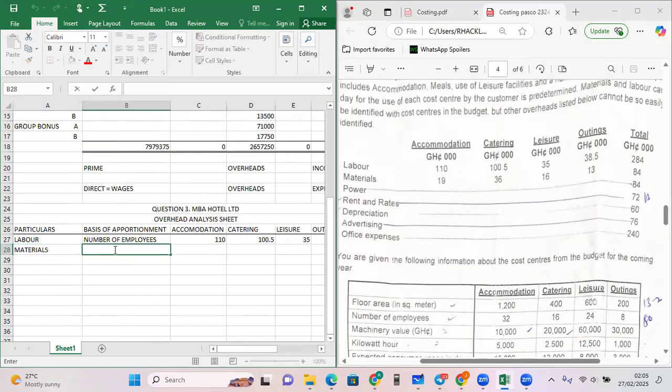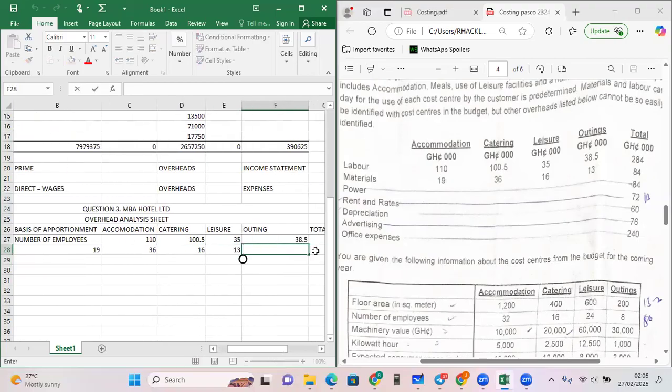So we just put the amounts for materials. 1.6, 1.3, 19.36, 1.6.